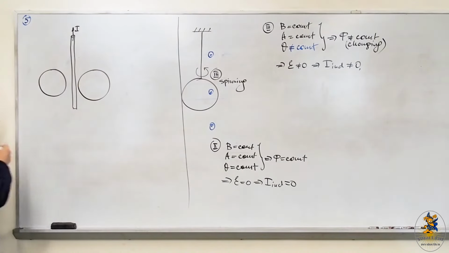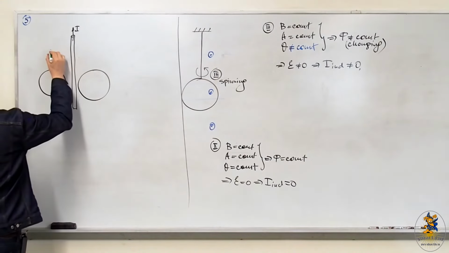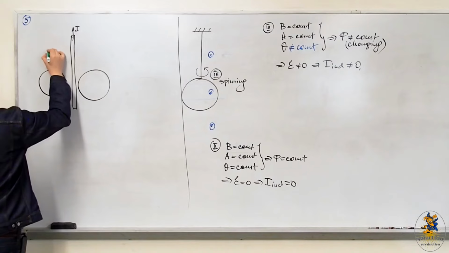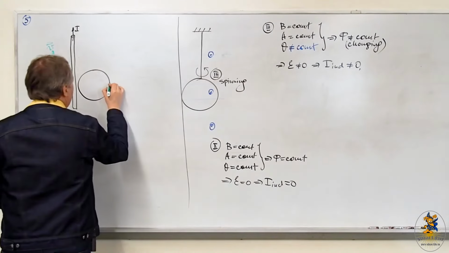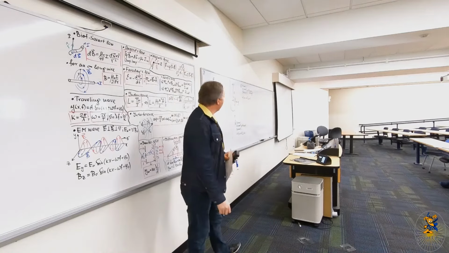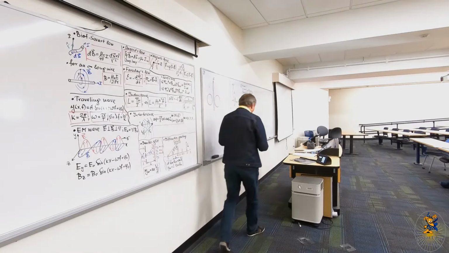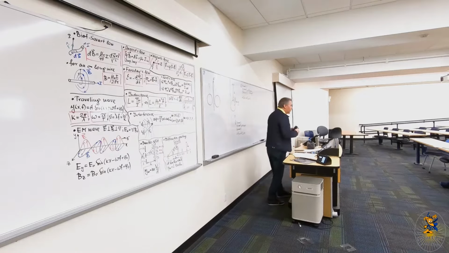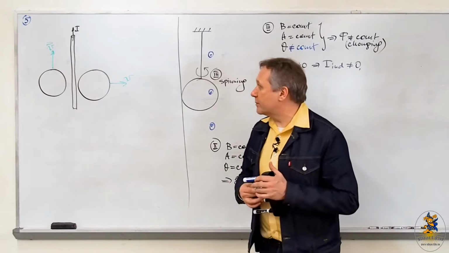The first one we're going to drag up, with velocity v. And the second one we're going to drag that way. So we need to discuss the induced current in both of these loops.